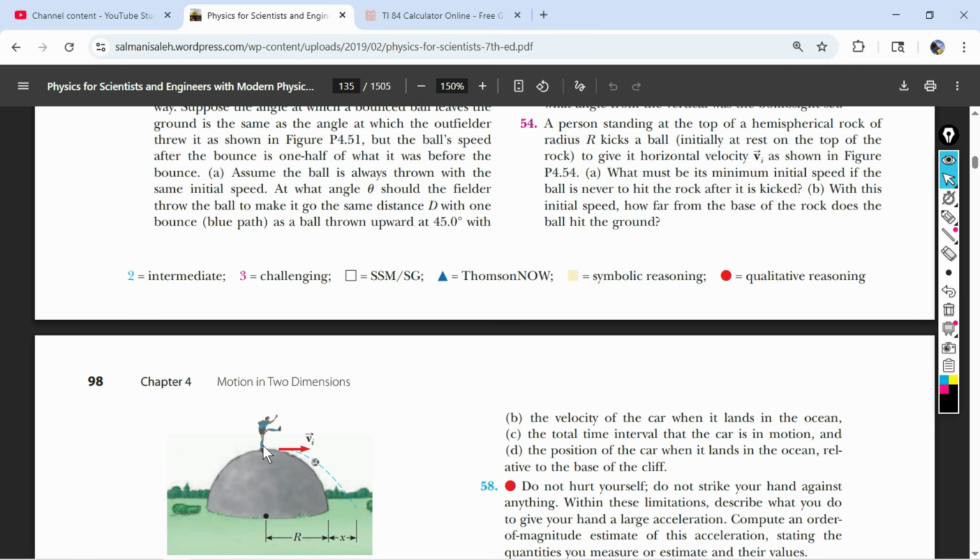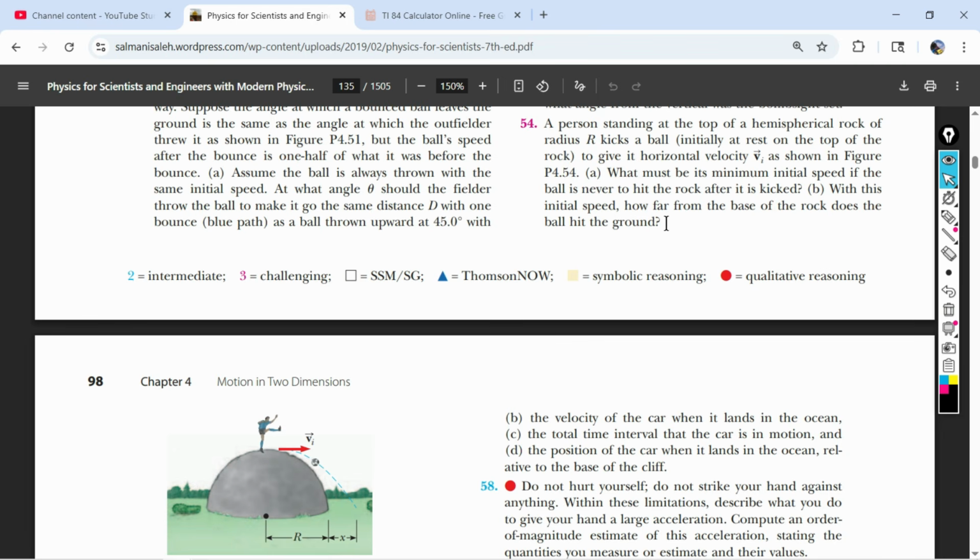The second you kick it, that's kind of fascinating too. It doesn't even hit once? You know what I mean? No. That's kind of interesting. Anyway, we're going to get to that.